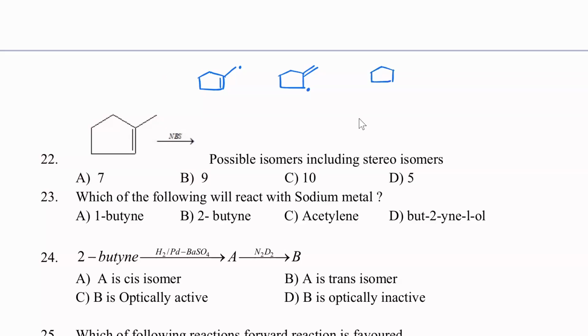And double bond here. And this one is one possibility. And its resonating structure, double bond here, dot here. That is another possibility. So for this, we will get double bond here and Br here. For this, we will get double bond here and Br here, which is making a chiral center. Next. For this, also double bond here and Br here, which also makes it a chiral center.